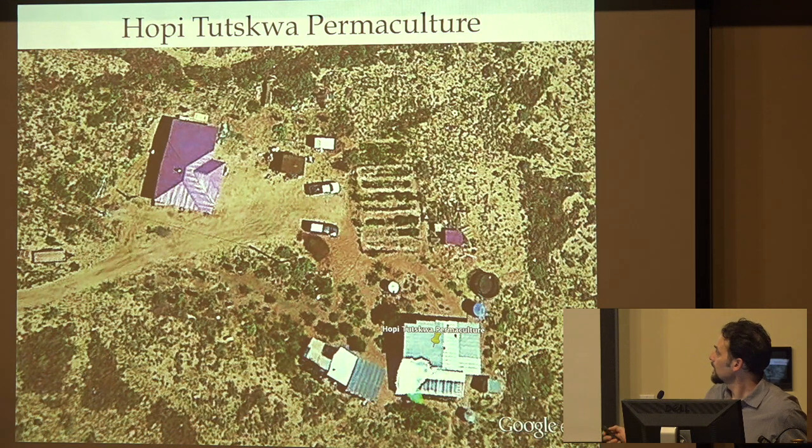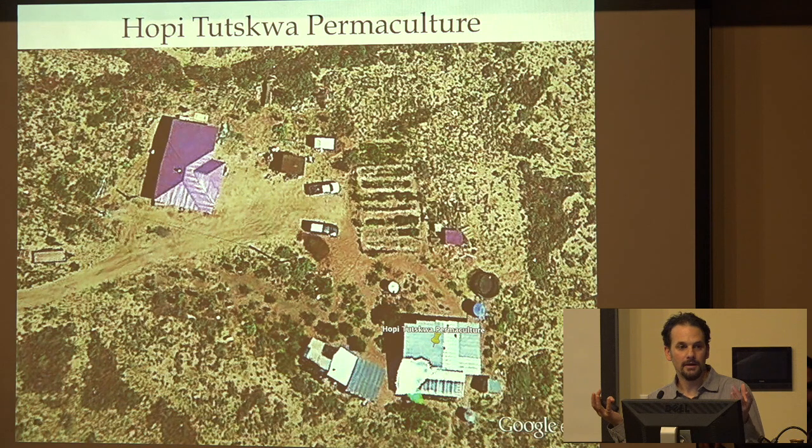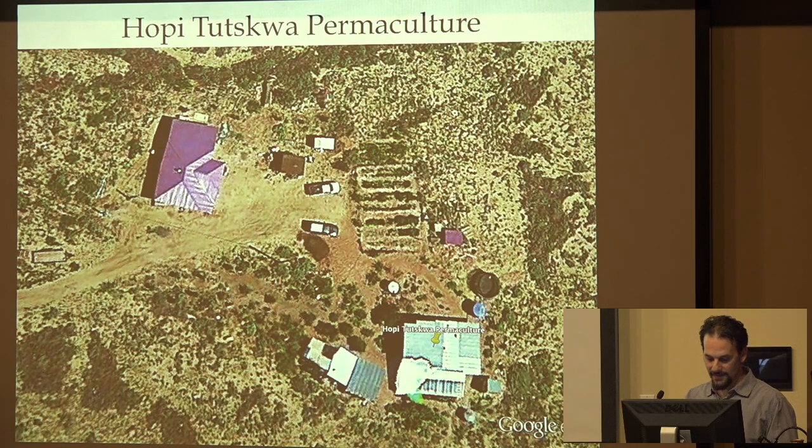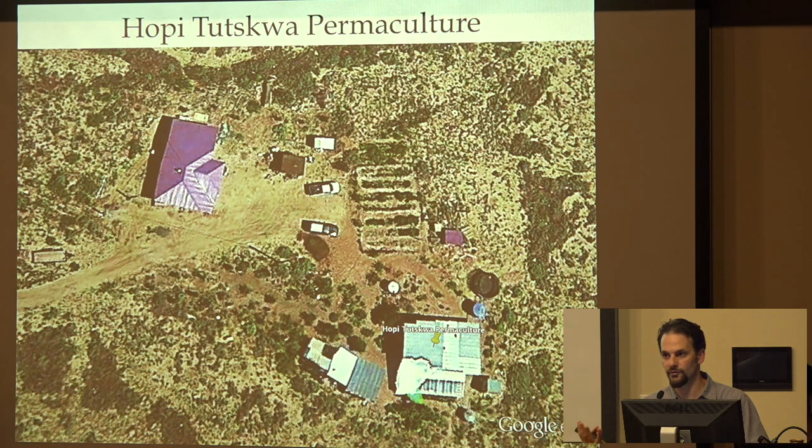And so they got rid of their trailer and they built cob houses. So they used mud and sand and clay and built these organic houses there. And they started a project where they were restoring their heirloom seed varieties, their traditional seed varieties, and also their traditional fruit tree varieties.